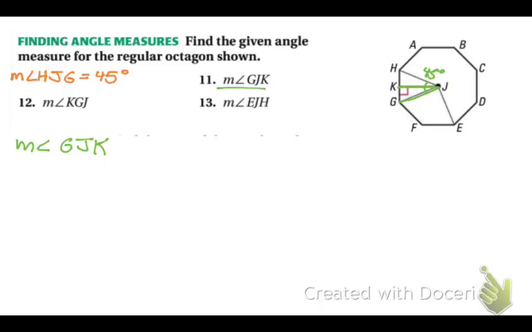So GJK is equal to the measure of HJG divided by 2, because remember that line here, that's the apothem, and it bisects that central angle. So we have 45 divided by 2 equals 22.5.